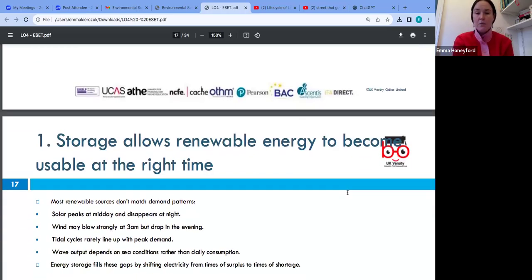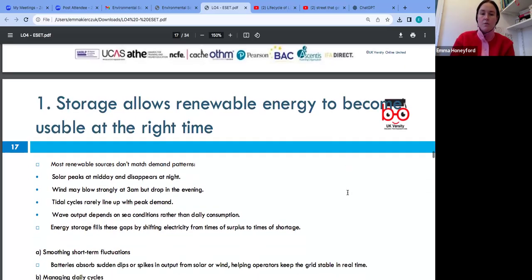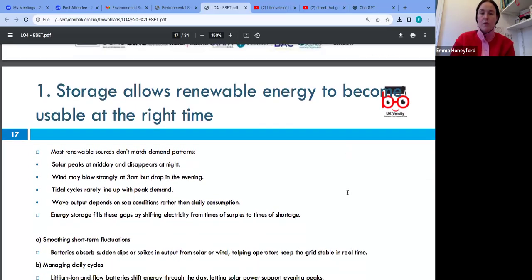Storage allows renewable energy to become usable at the right time. So long as we get to grips with how we store energy, renewable energy is going to be really sustainable.